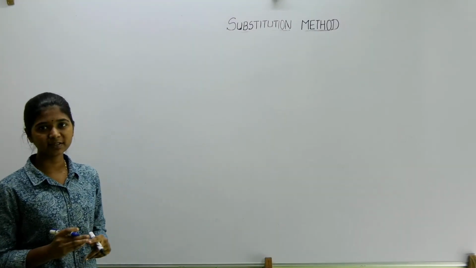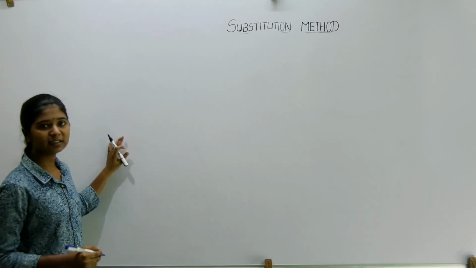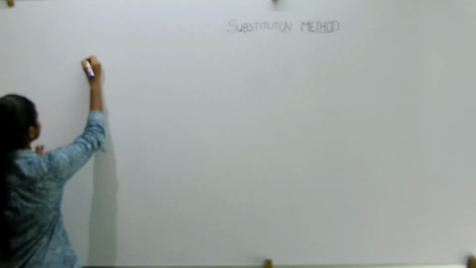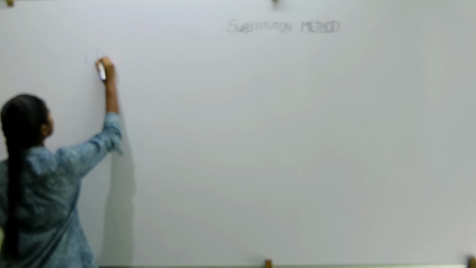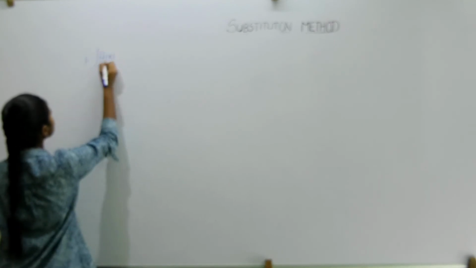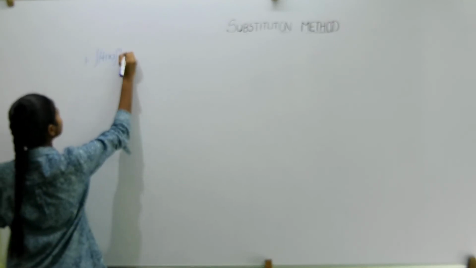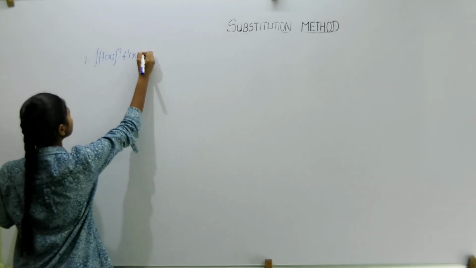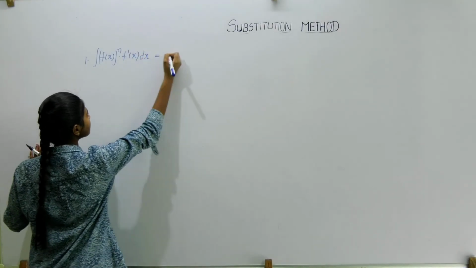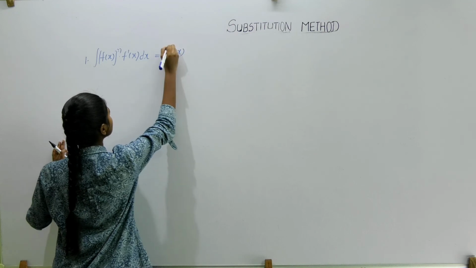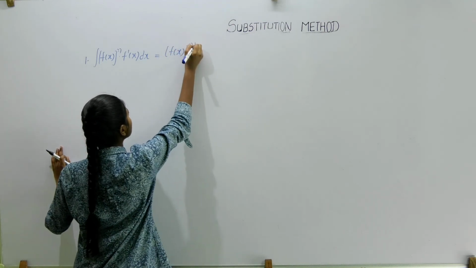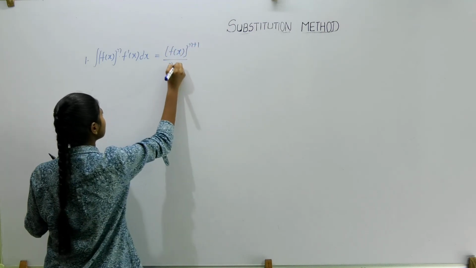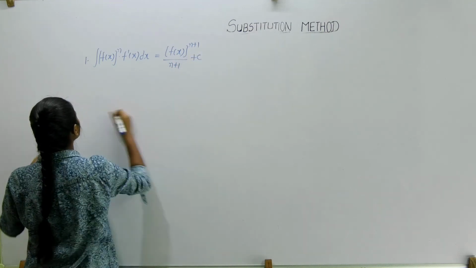Now let us revise the formulas that we have learnt in the theory. First one, integral f of x whole power n into f dash of x dx is equals to f of x whole power n plus 1 by n plus 1 plus c.